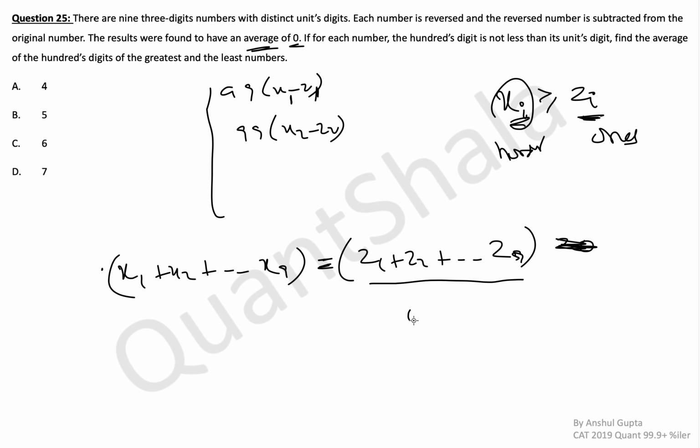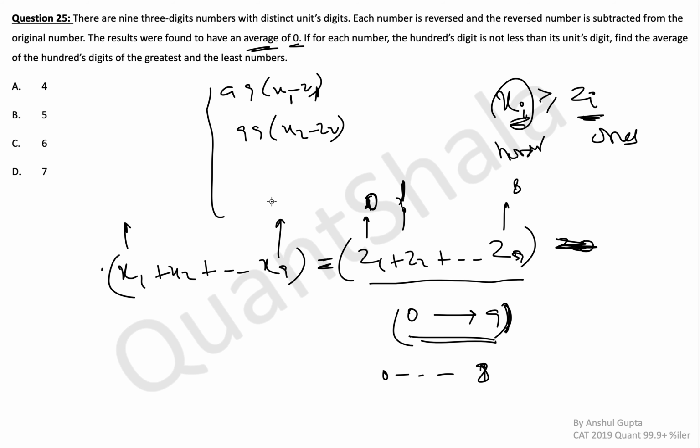Here we have numbers from 0 to 9. Out of these 10 we have some 9 digits. Now let's say you have exactly 0 to 8. This is 0, this is 1 and this is 8. What would happen in this case? Because these are greater or equal to, let's start from here, this can be either 8 or 9.